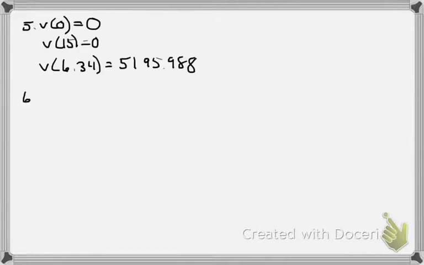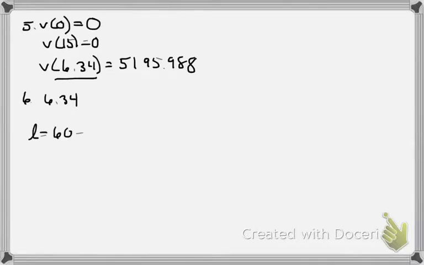So in number 6, we want to do our conclusion. So our conclusion must include our dimensions that will give us the largest volume. So my x value is 6.34. I can sub my x value in for my length.